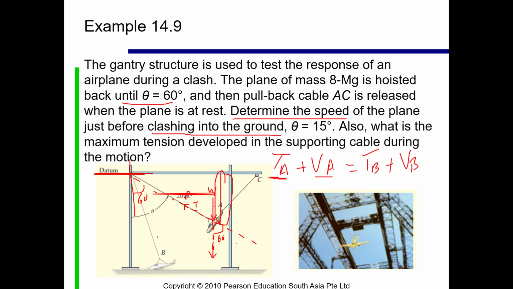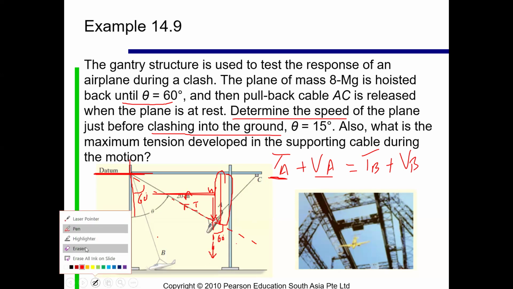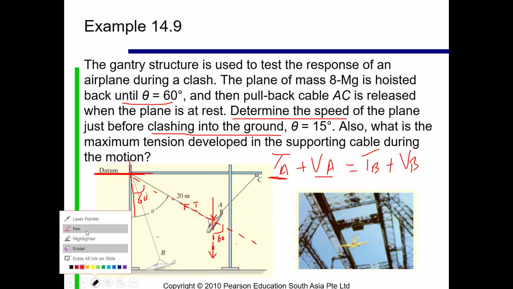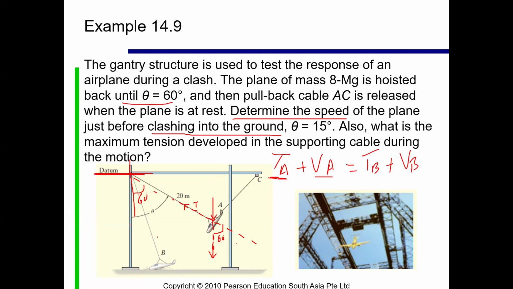So what is this height, students? How can you figure out that height? With the cosine. 20 is given. If you take it like a triangle like this, 20 is here, and this angle is 60.